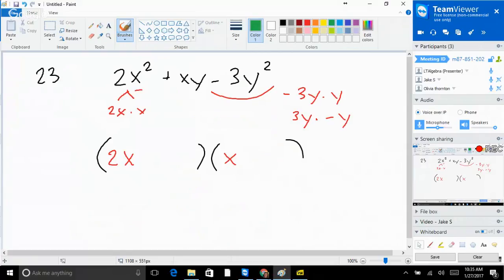Now I have to figure out, how do I fill this in? Does the 3y go here, or does the 3y go here? And is it positive or is it negative? And to kind of figure that out, I could sit there and list all of these out and FOIL every single one. That's one option. That's what your book does. Or you can look at this middle term. You want to get basically 1xy.